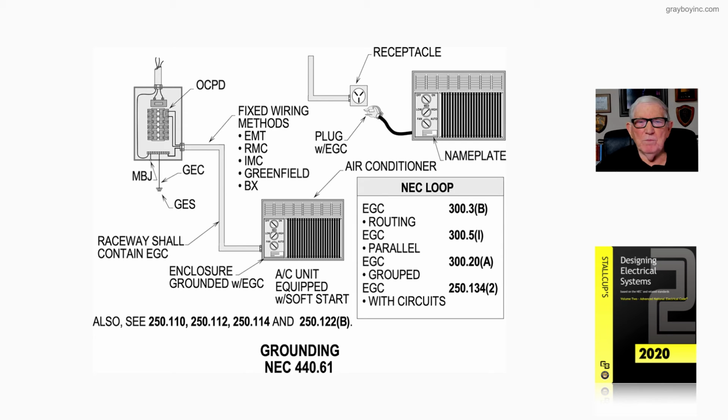Now, I do believe the information that I've given you will give you a very good start on understanding the grounding requirements of the equipment ground and how it's routed and used and sized and so forth, in accordance with the unit being cord and plug connected with an equipment ground, or routed with a wiring method using an equipment ground or a redundant type grounding scheme in accordance with 250.118.